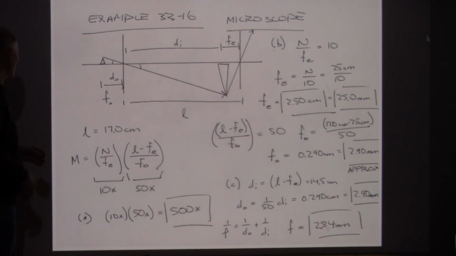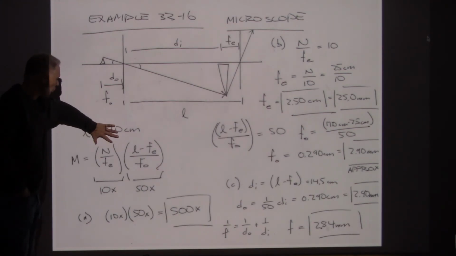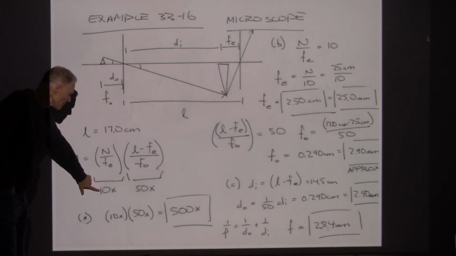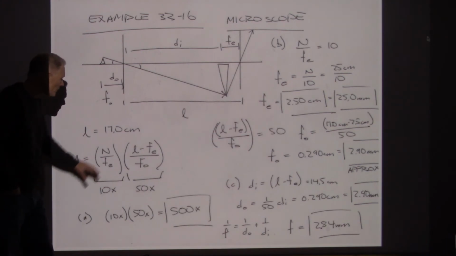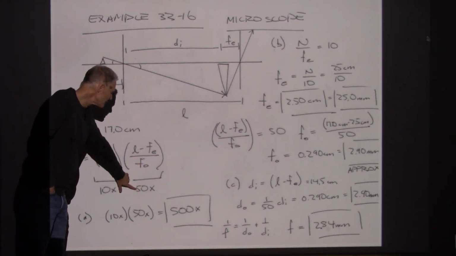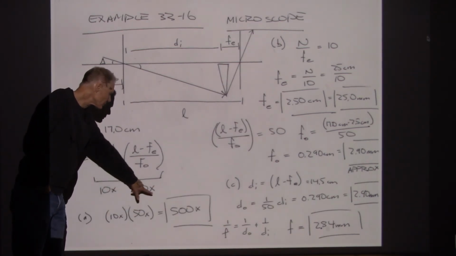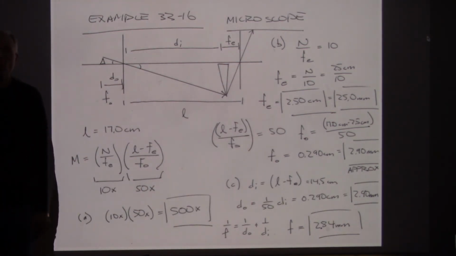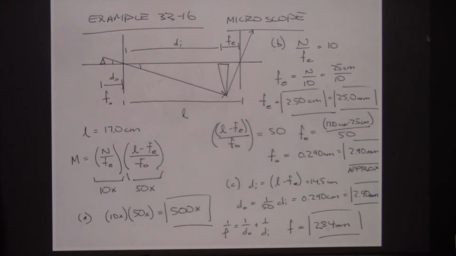Now basically what we can say is that the eyepiece portion of this is giving us a magnification of 10, and the objective magnification would need to be 50, and if we multiply those together, this microscope is going to give us an overall magnification of 500. Okay, let's see how that breaks down lens by lens.